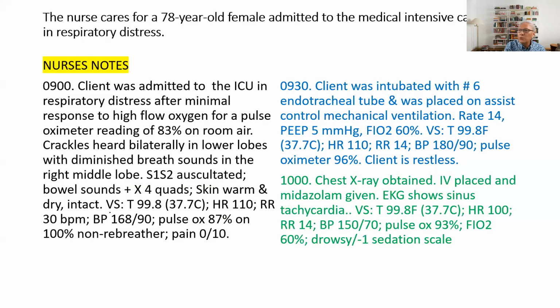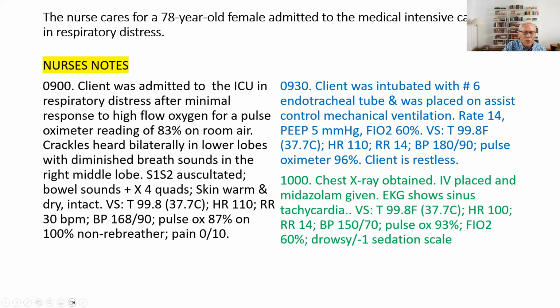And let's go to the next one. So it's now 10 o'clock and the chest x-ray was obtained. The IV was placed and midazolam was given. The ECG shows sinus tachycardia and the vital signs: 99.8, heart rate 100, respirations 14, blood pressure 150, FiO2 60%, drowsy, -1 sedation scale.